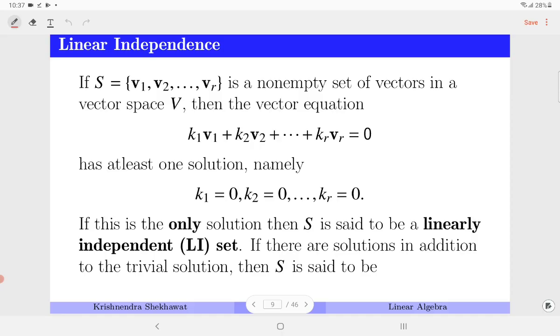If there are other solutions other than the trivial solution, then we say the set is linearly dependent. So linearly independent, linearly dependent. You will see many examples, and the definitions will become clearer.